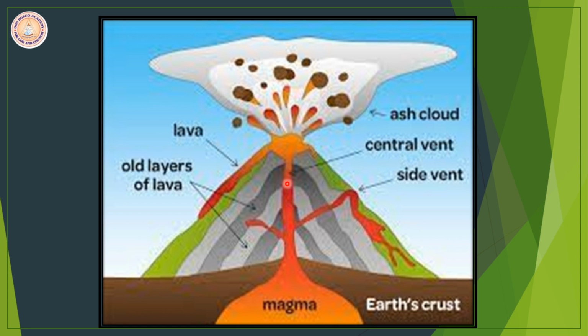This is the main vent, and when the volcano erupts, it not only allows the lava to come out, but the rocks which had plugged the opening of the vent when the lava was not ejecting out break, and you can see the rocks flying high from the opening or the mouth of the volcano.